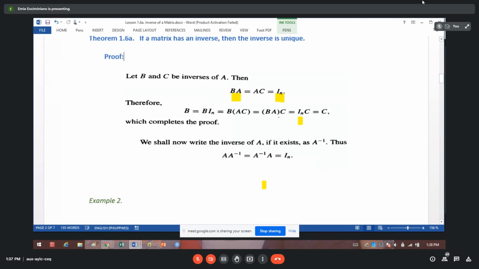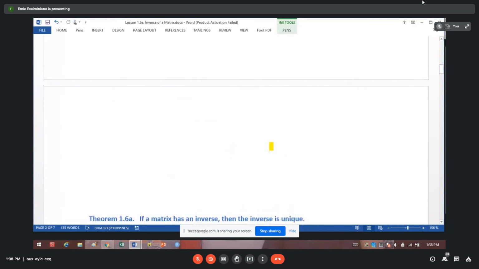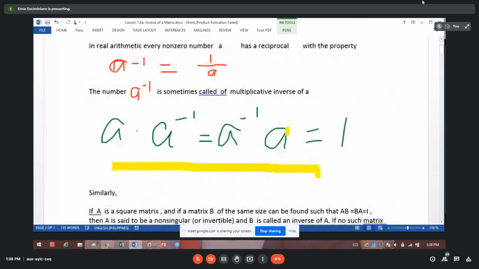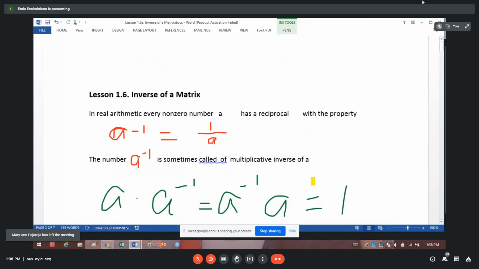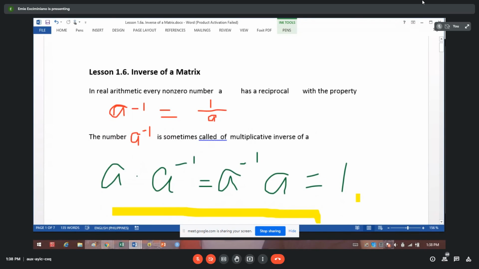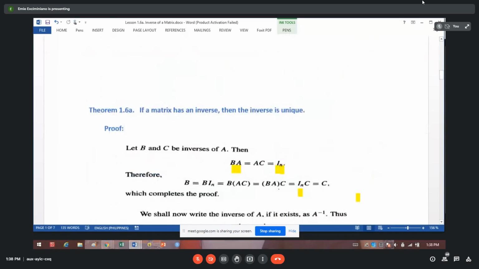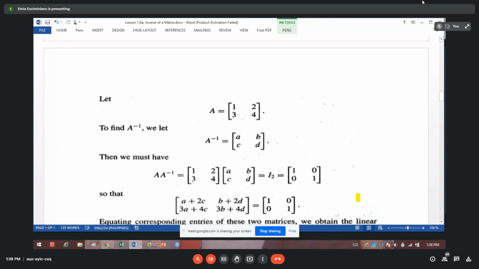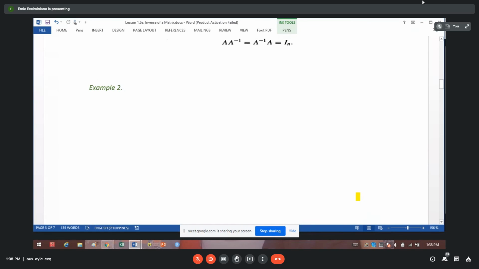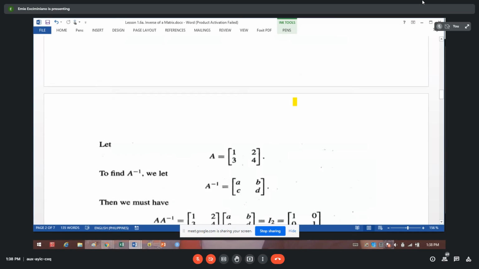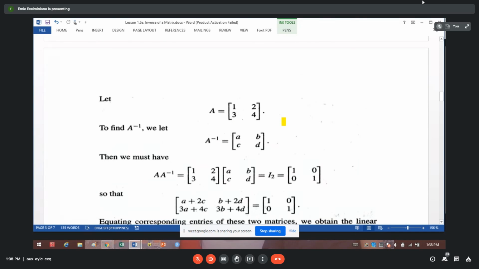So, ina-apply pala sa matrix yung reciprocal property of any real arithmetic. Okay, example. Alam na natin to, ha. Tandaan lang natin. It's a definition. It's a theorem that you have to remember. Supposing we have the given matrix ito.